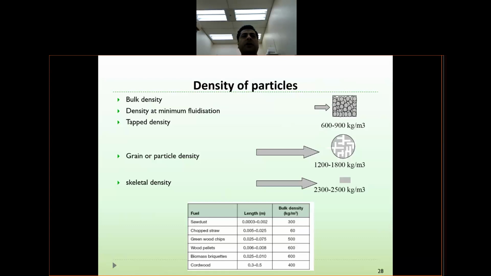If you cut your biomass into smaller pieces, transportation and handling is very easy. Second reason is that by cutting, you are increasing the surface area in the downstream conversion reactors.